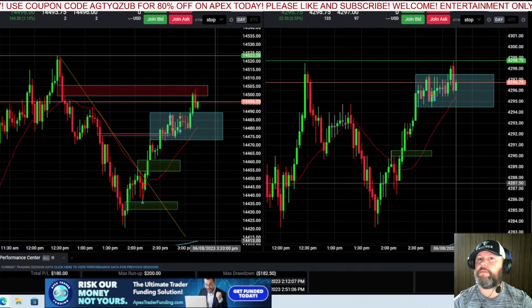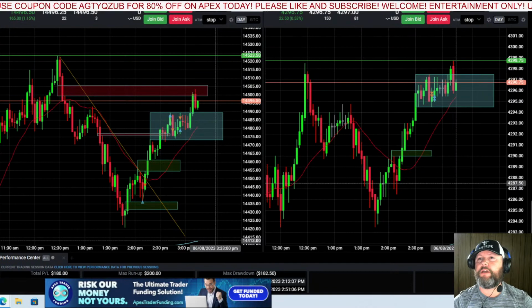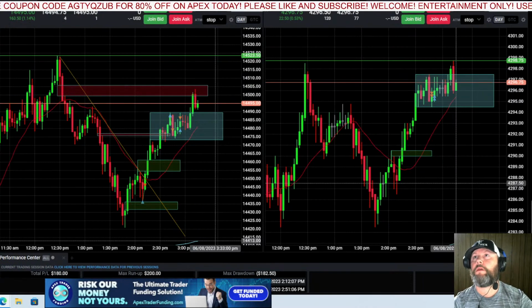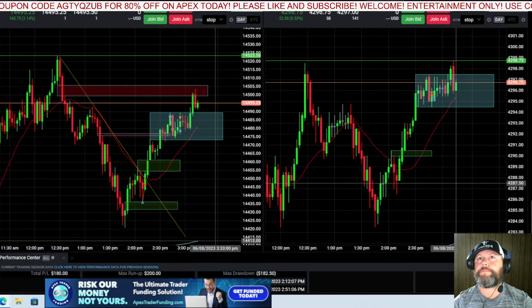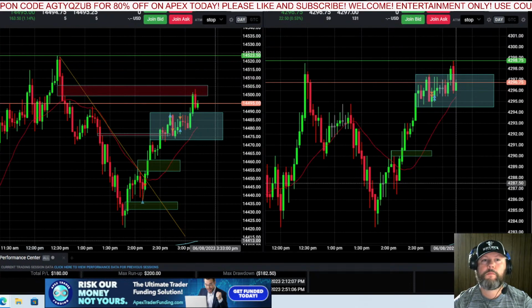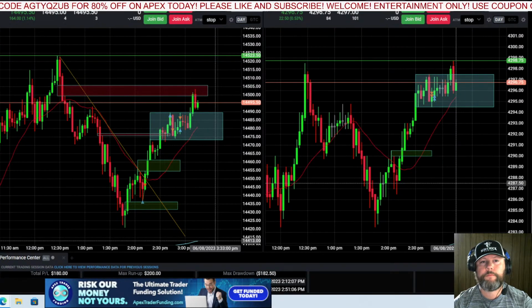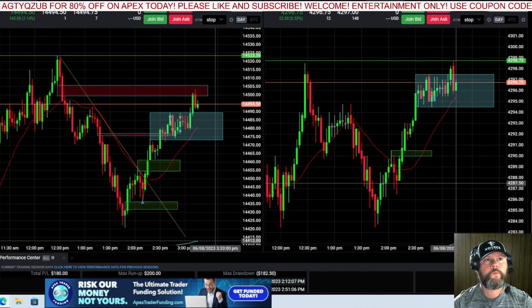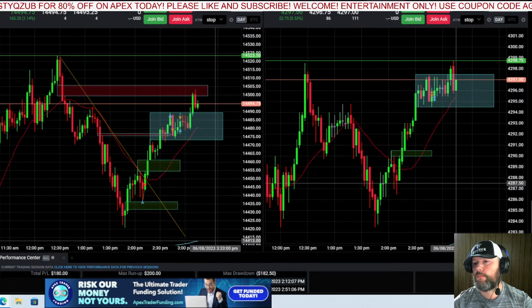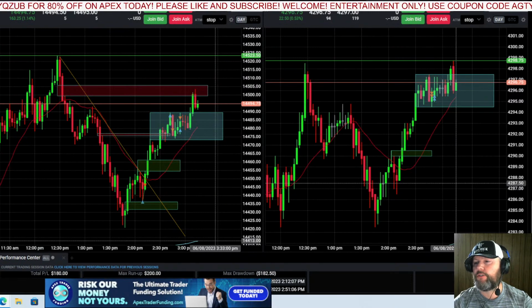Got burned on a setup similar to that earlier, so I'm going to be very careful here. Not really a market structure shift yet.